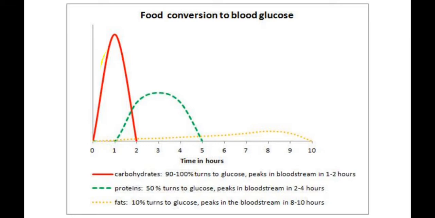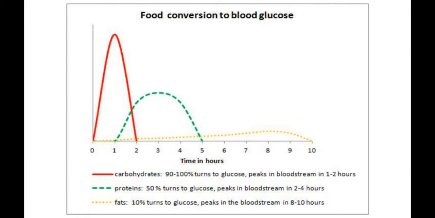In difference to eating carbohydrates and eating proteins, eating a fatty food such as butter, whole butter for example, gives a very delayed peak of glucose product in the blood, and it is very low in magnitude.